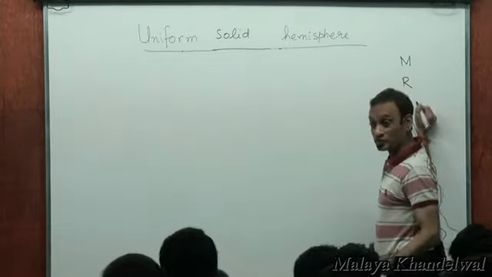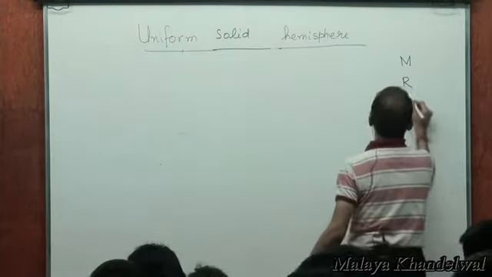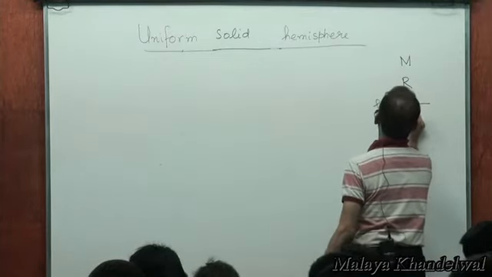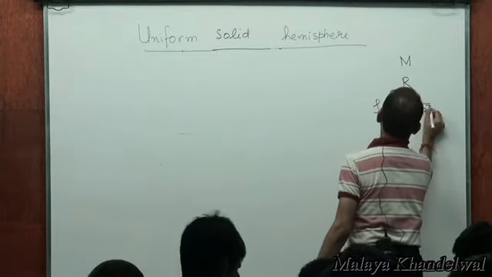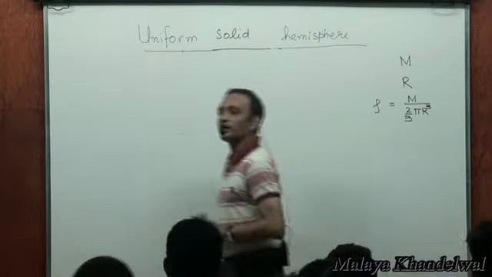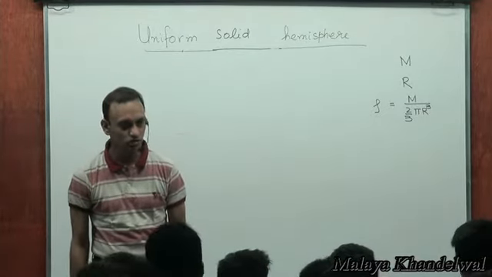Now I can talk of mass per unit volume because there is mass at every point inside that region. So the mass per unit volume is M by 2/3 pi r cubed, if it's uniform.